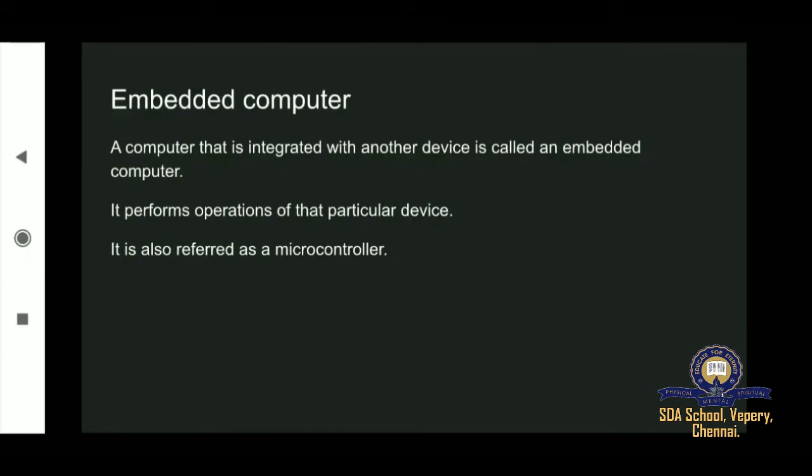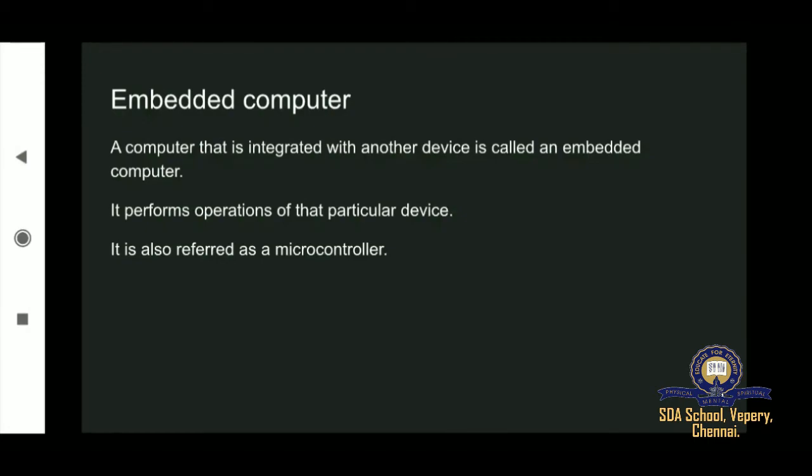A computer integrated with another device. The other device is the washing machine. So a computer integrated with a washing machine is called an embedded computer. Not only washing machines: you have fridges, not the normal ordinary fridge but automatic cooling fridges that have buttons on top of them, and also microwave ovens, everything which has buttons.